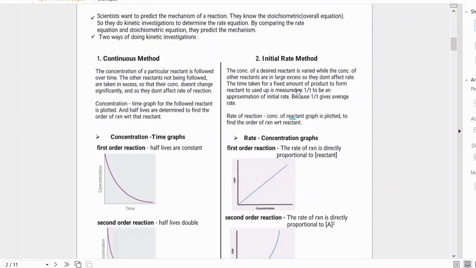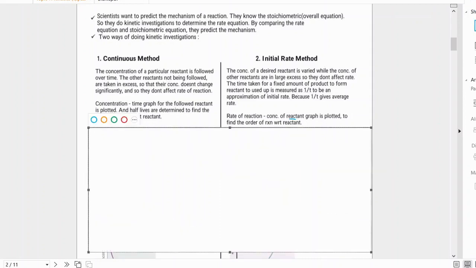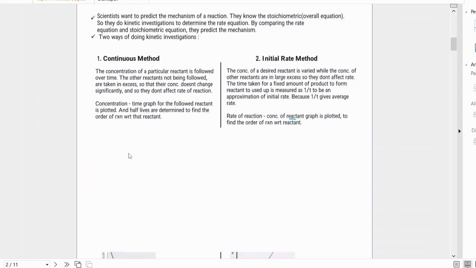Now the reason we are expressing rate of reaction as 1 by T is because the rate of reaction is determined by timing, by getting the time taken for a fixed amount of product to form.